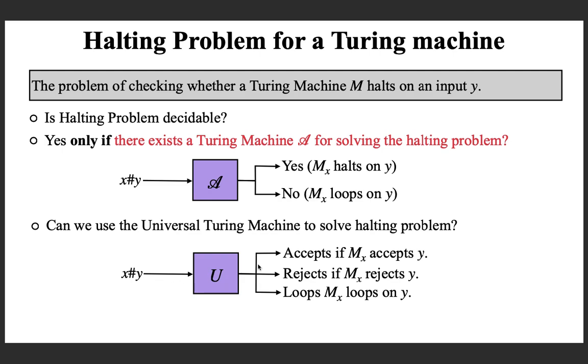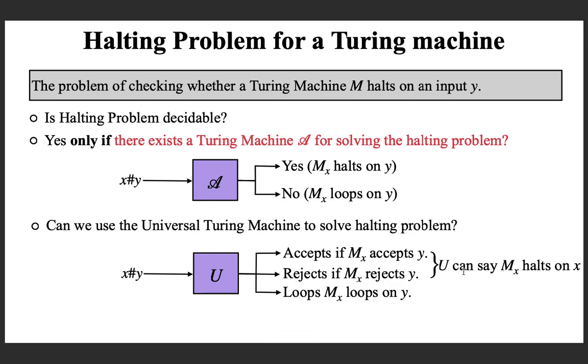It accepts its input if the Turing machine MX, whose binary encoding is X, accepts the input string Y. And U rejects its input if MX rejects Y. And U loops if MX loops on Y. So this is exactly the behavior of the universal Turing machine. I hope you remember it, otherwise please refer to the previous lecture.